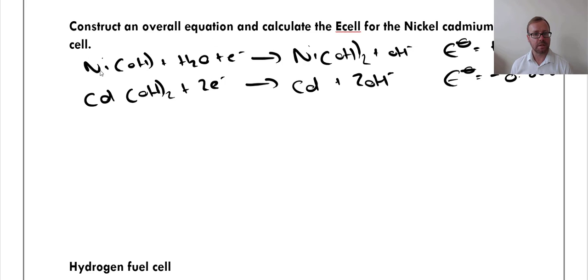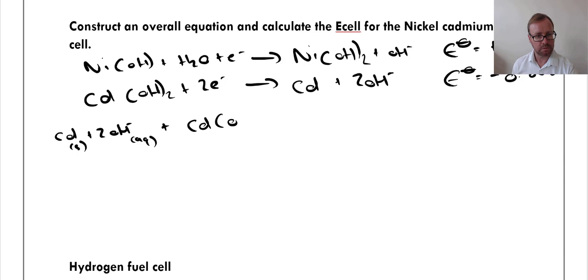So my cadmium half equation is going to be oxidized, so I need to change that around. So I would have Cd plus 2OH minus goes to cadmium hydroxide, Cd(OH)2, plus 2e minus.